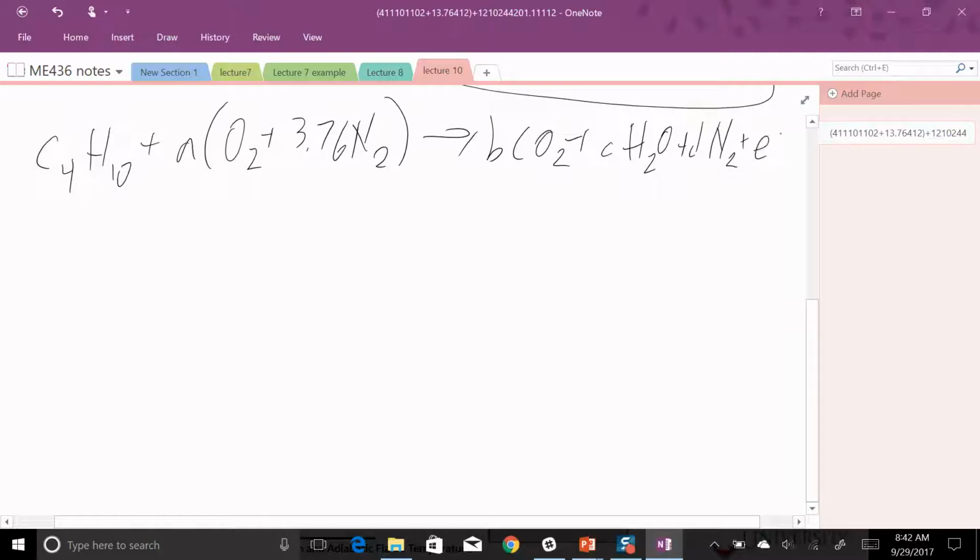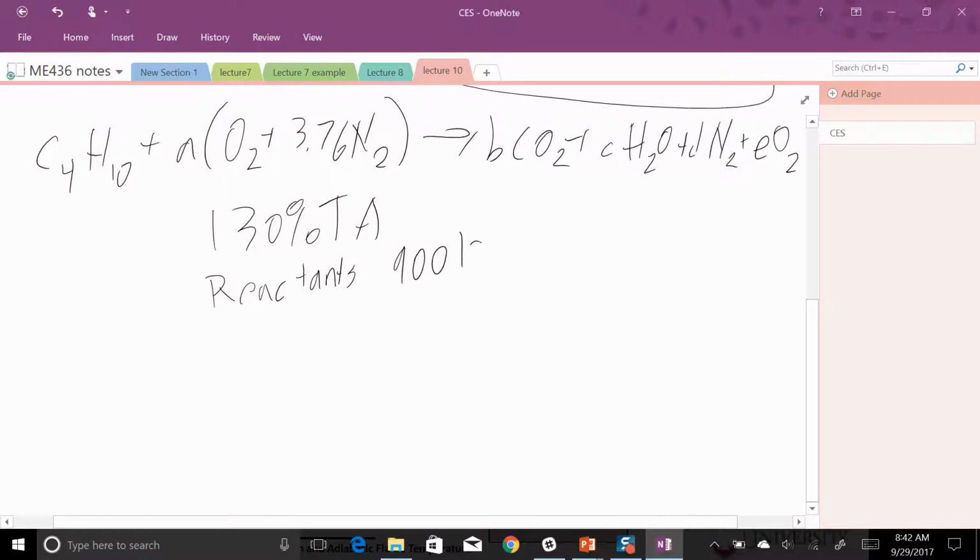But this time we might have some excess oxygen, so I'm going to include that there. And for this problem, we're going to try and burn with 130% theoretical air, and we're going to assume the reactants are at 900 degrees, 900 Kelvin.